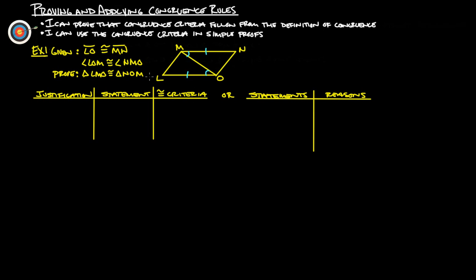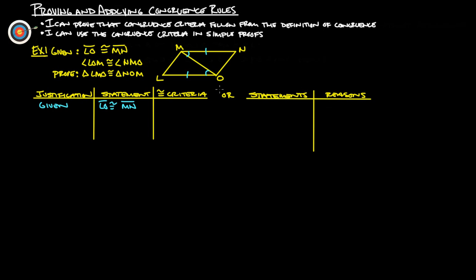So let's do this. First thing we want to do, let's start off with our given pieces. So we know that segment LO is congruent to segment MN. How do we know that? That is given. By the way, I'm going to show you a couple different ways of proof.